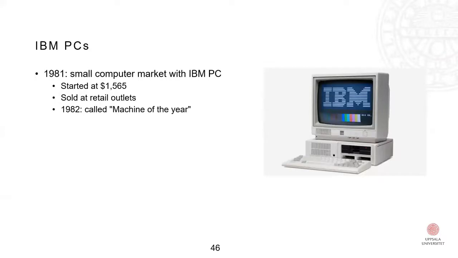IBM created the first computers that were called personal computer, PC for short. They were small computers, and they started at over $1,500, and they were called the machine of the year.